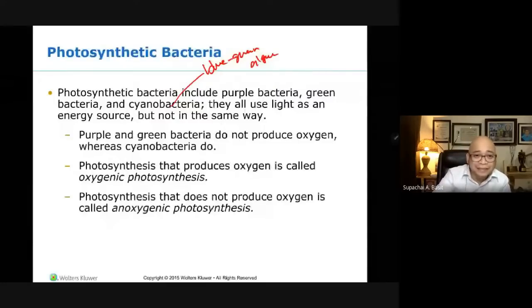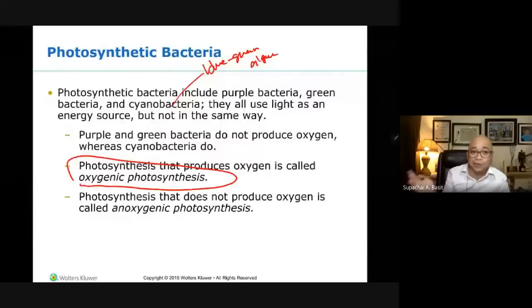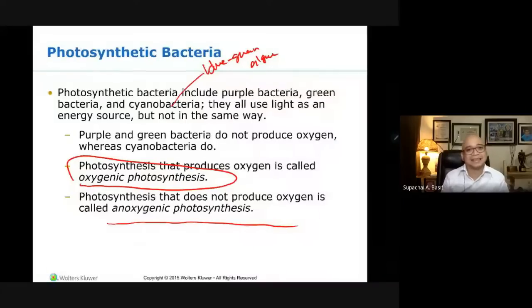Now, photosynthesis that produces oxygen is called oxygenic photosynthesis. However, if the photosynthesis does not produce oxygen at all, we call it anoxygenic photosynthesis. Okay, so that's for photosynthetic bacteria.